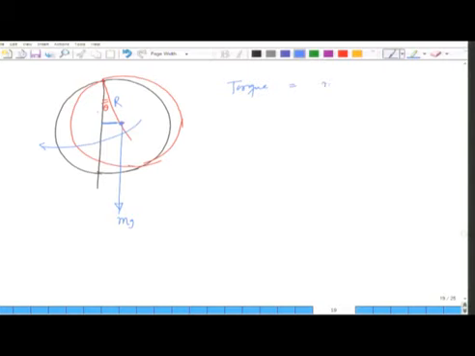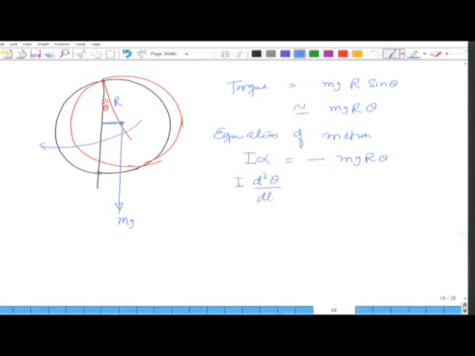Torque is going to be mgr times sine theta, and for a small theta this can be written as mgr theta, and therefore the equation of motion is going to be I alpha equals minus mgr theta, or I d2 theta over dt square is equal to minus mgr theta.